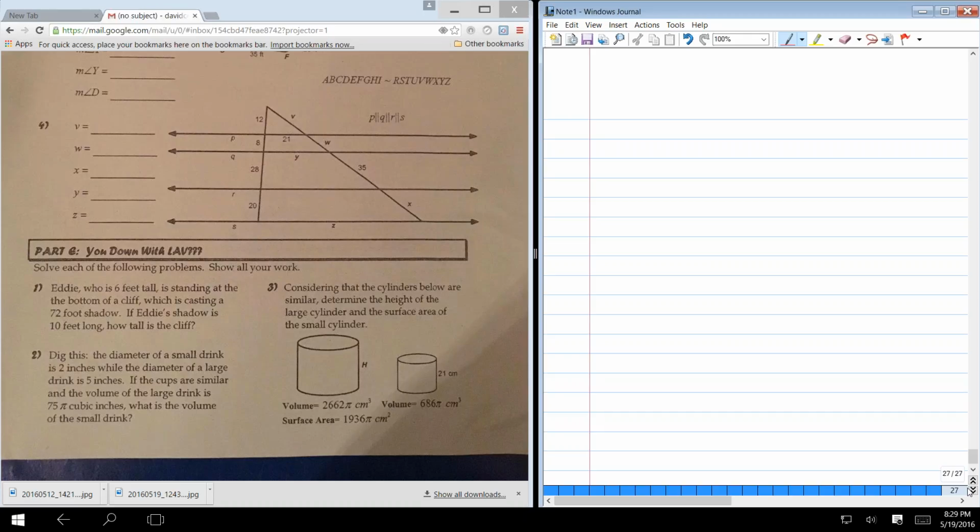Dig this. The diameter of a small drink is 2 inches, while the diameter of a large drink is 5 inches. If the cups are similar and the volume of the large drink is 75 pi, what's the volume of the small drink? Now, be a little careful here. Let's draw it so you can see what's going on. It's not going to be what you think.